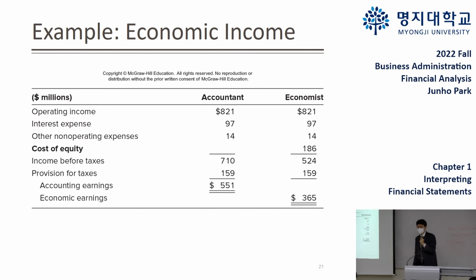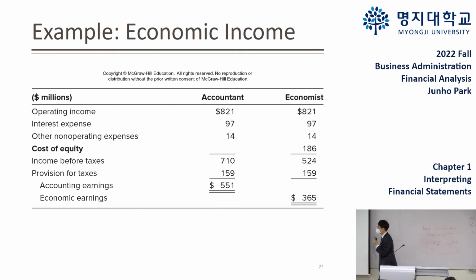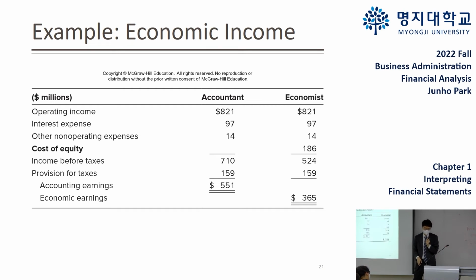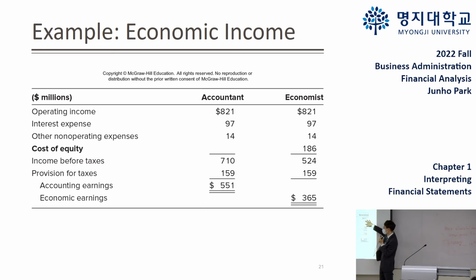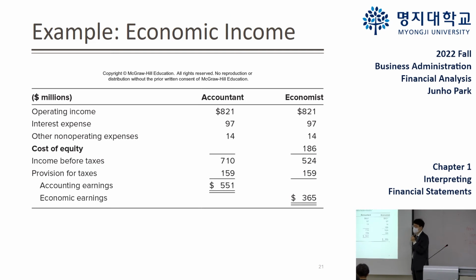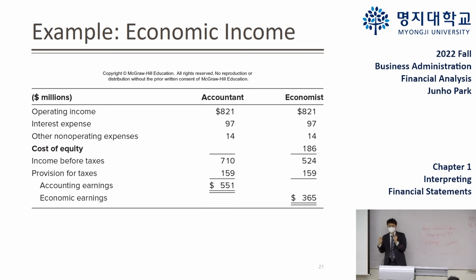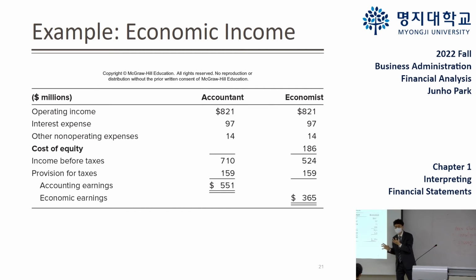But on the other hand, this is different from the economic income. From the economist's point of view, you are starting with the same situation. You have made sales of $821, and you need to spend $97 and $14, and then before moving on, you need to think about yourselves. As a shareholder, as the owner of the company, you invested your cash in this company at the beginning.